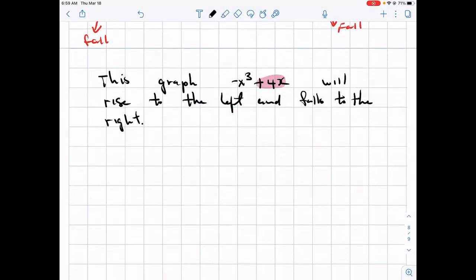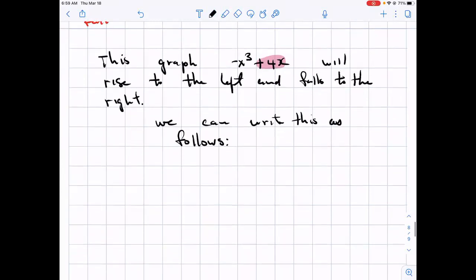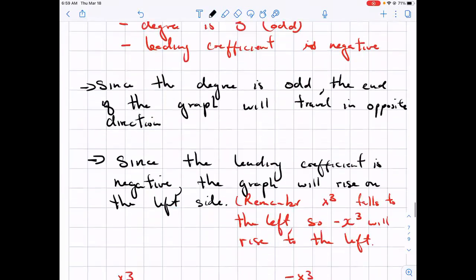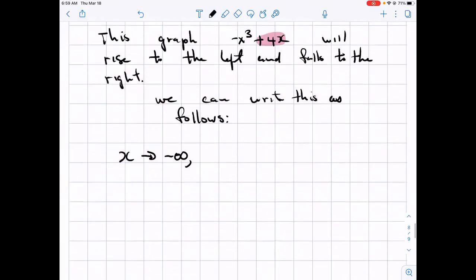Another way to write this, and this is something that I strongly recommend, is as follows. As x approaches minus infinity, did we give our function a name? f of x, because this was f of x here, f of x approaches negative infinity.